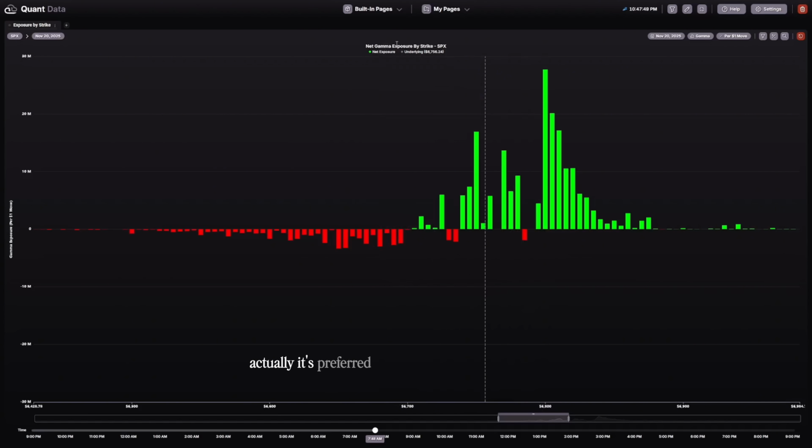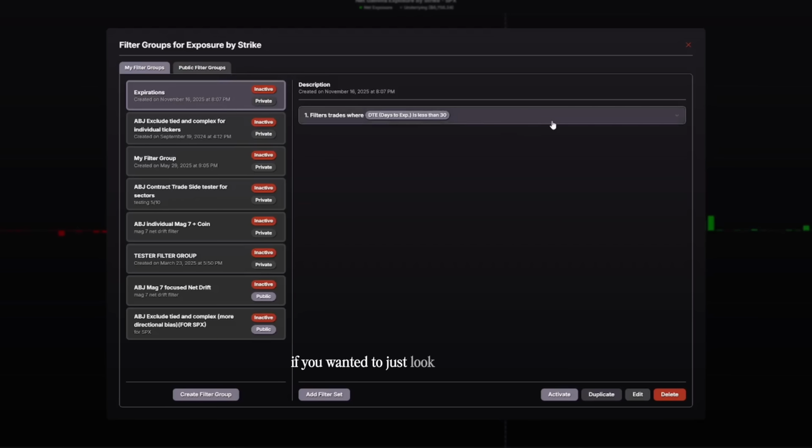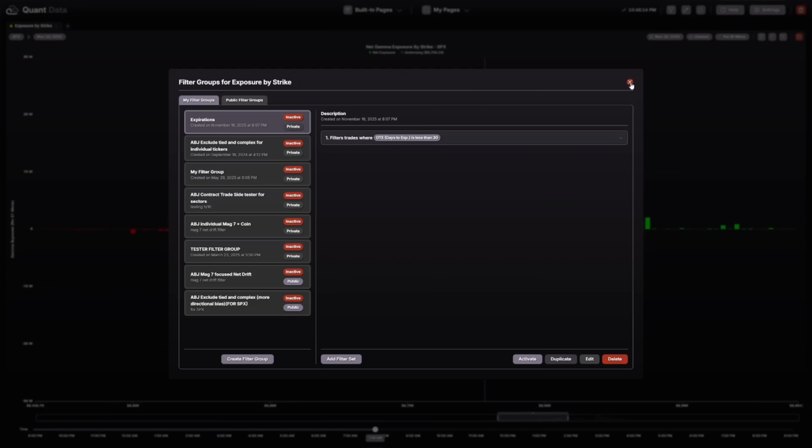Actually, it's preferred that you change these exposures to the date of the expiries that you are looking to trade. Now, on the top right here, you can also filter for more things. If you wanted to just look for the expiries of the next 30 days, or 90 days, you can absolutely change these filters to whatever it is that you want.